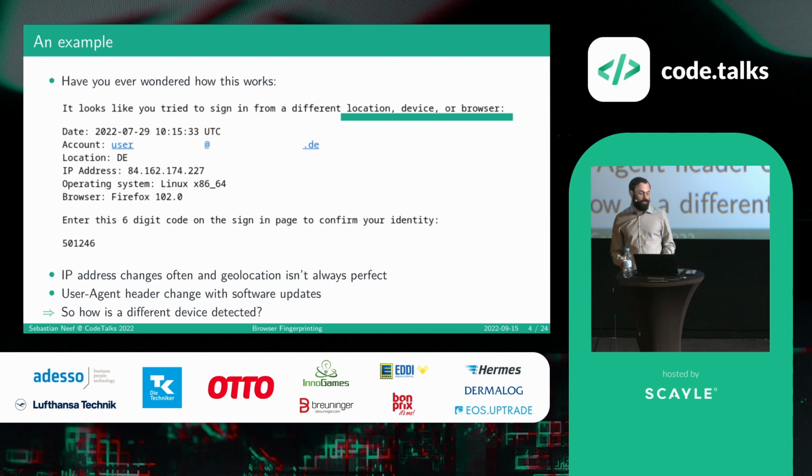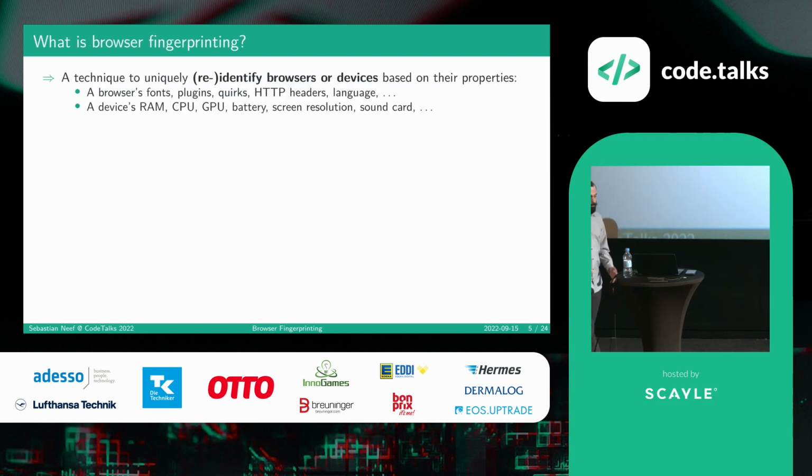And of course, the user agent, so the system, the browser version that is used, will change with browser updates, will change with system changes. So it's also not a pretty reliable way to detect a different login. So what else could be used or could be done to detect a different login? Browser fingerprinting might be a technique used for that.